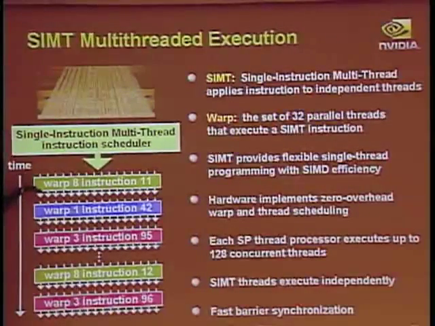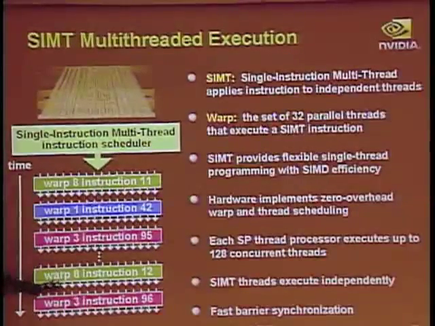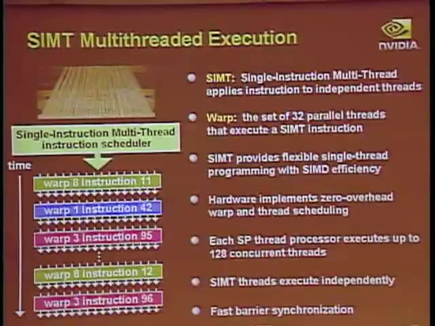Latency-wise, the latency between when this instruction executes for warp 8 and when the next instruction for warp 8 executes is a function of how many warps are there in the scheduler. And therefore, I can minimize the amount of hardware I need to support all that. I can just write results directly back to the register file. I don't need any bypassing or forwarding networks for that. So as long as warps are ready, it's just round robin.